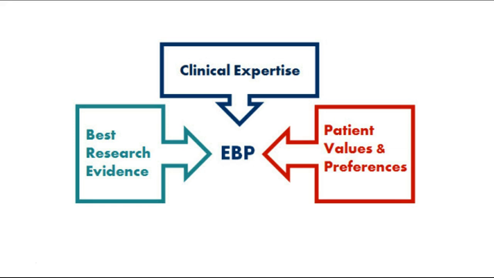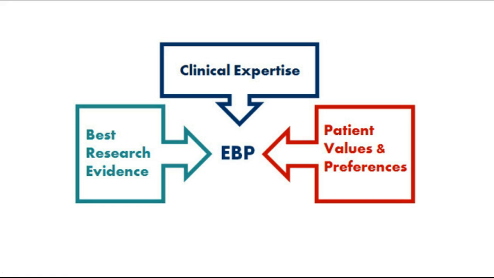Believe it or not, there's a really high correlation between patient values, preferences, and feelings and actual treatment outcomes. So if we truly want to be an evidence-based practice clinician, then we have to use our clinical expertise coupled with the most current research evidence, also while considering the patient values, the preferences, and how our patients are feeling.